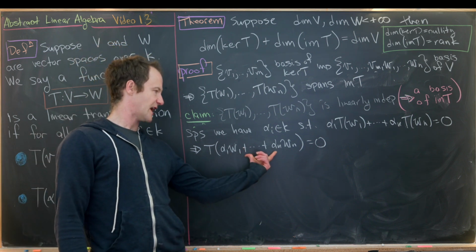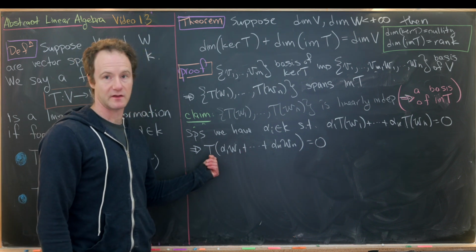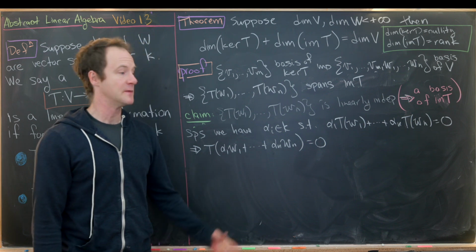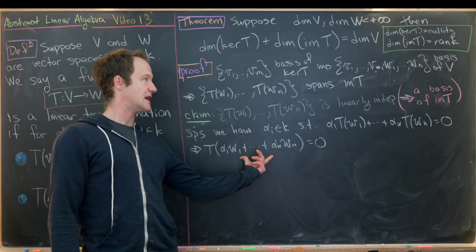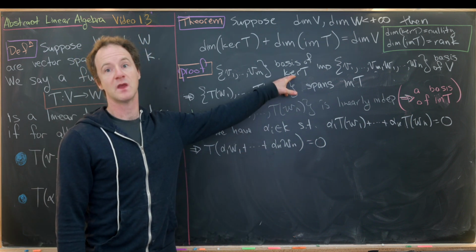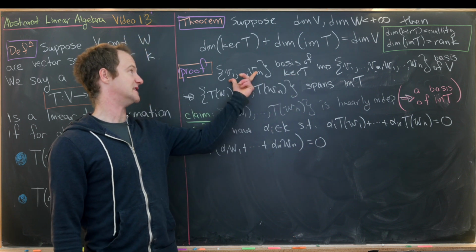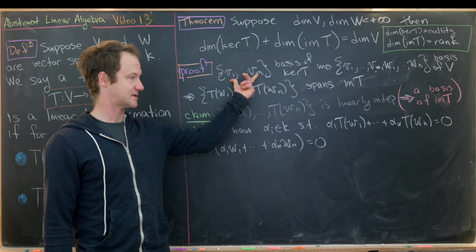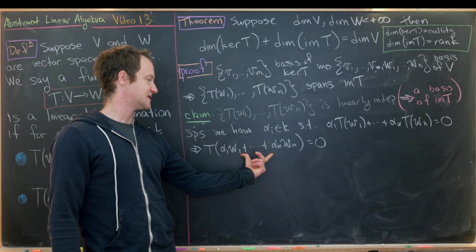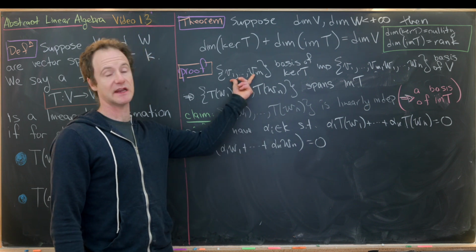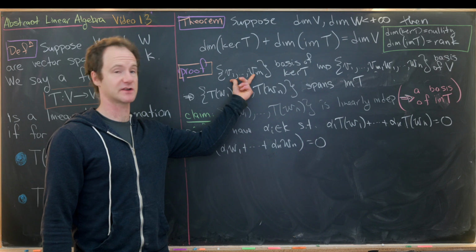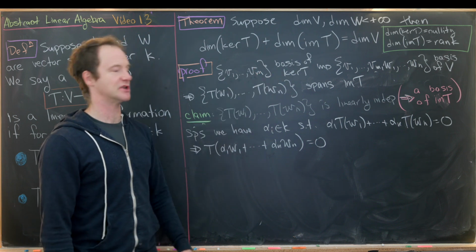But now we've got a vector that when evaluated by the linear transformation, we get 0. That means that this vector right here is in the kernel. But the kernel has these v vectors as a basis. So that means since this is in the kernel, it can be expressed as a linear combination of these v vectors, given the definition of a basis.